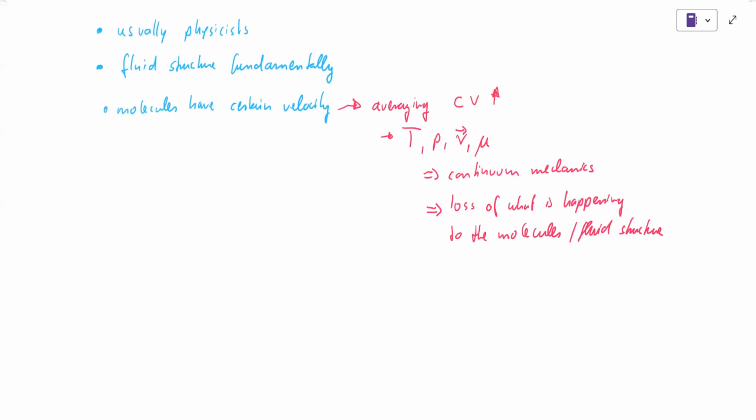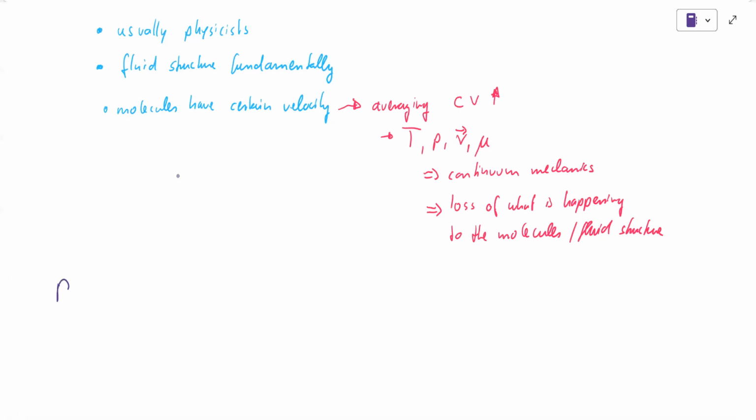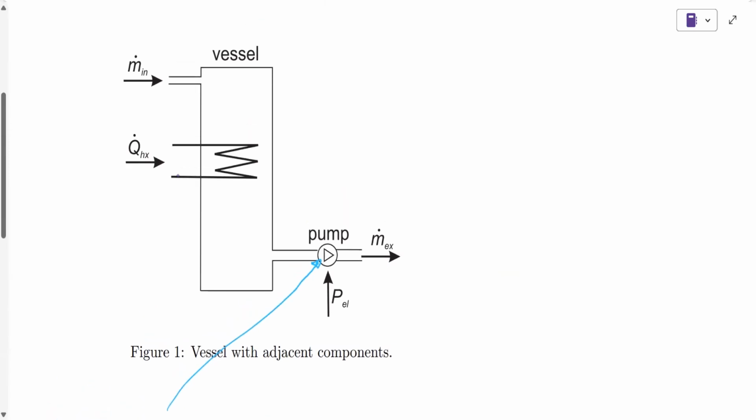Okay, so that means that if we're leaving the molecular scale, then we are entering part B, the microscopic scale. For the microscopic scale, we usually take a very small arbitrary volume, which of course all of you know.